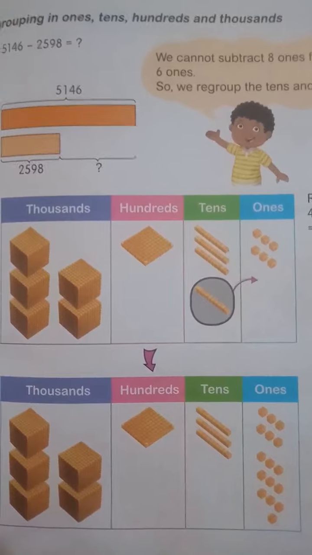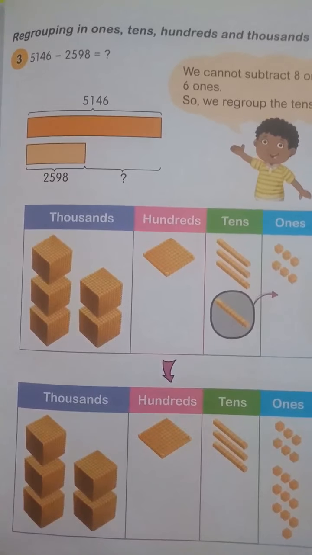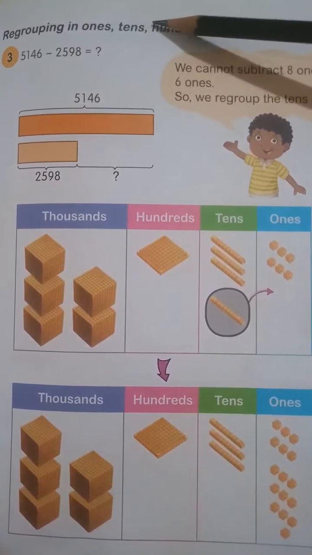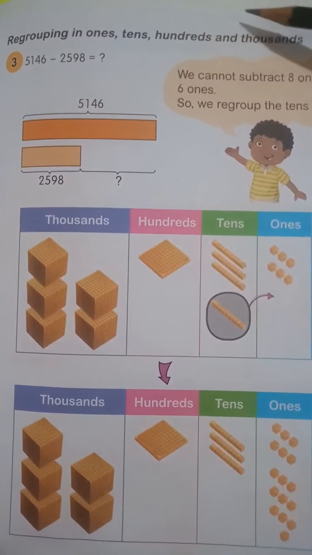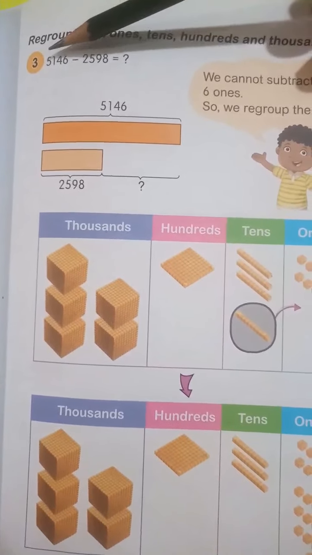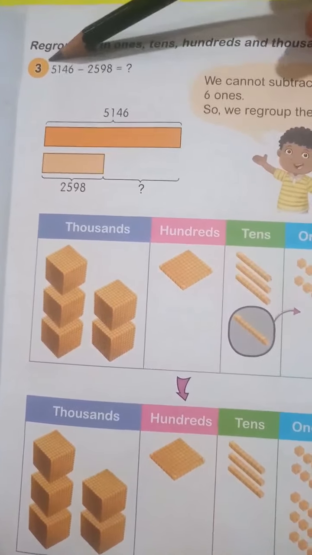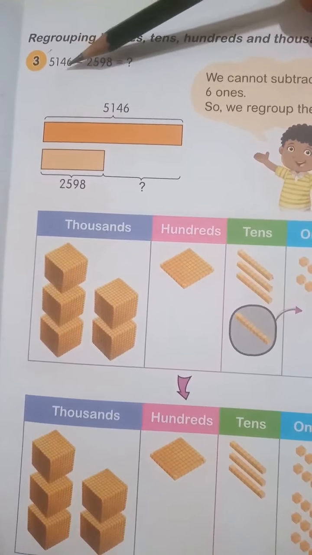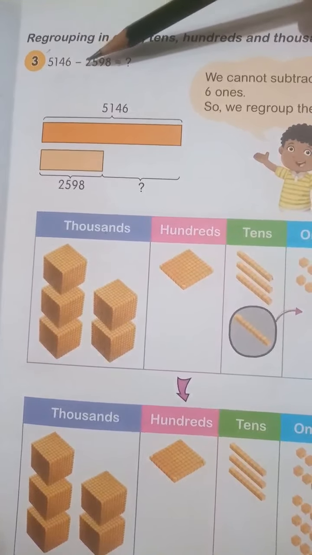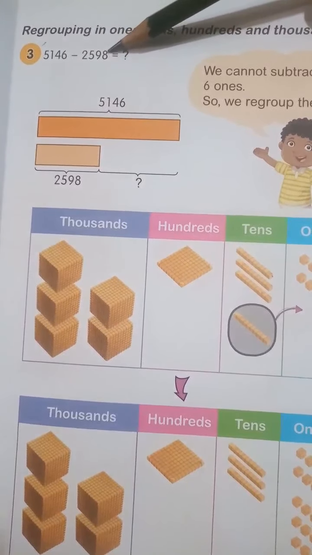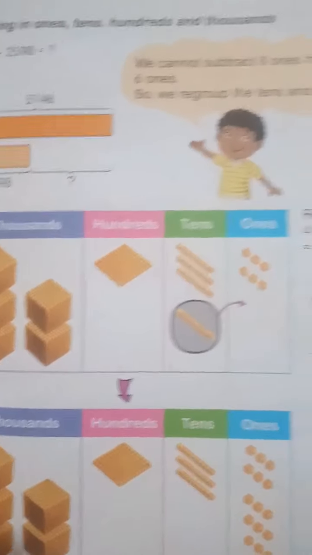Now, let's open page 45. Regrouping in ones, tens, hundreds, and thousands. Look at example number 3. 5,146 minus 2,598. Let's subtract.